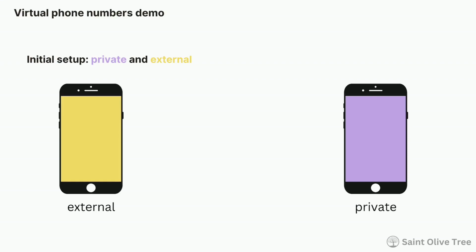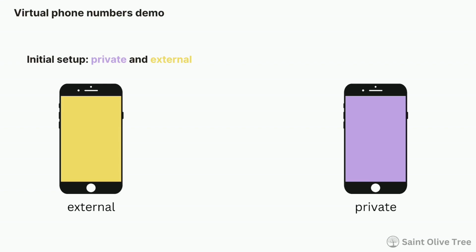Like we always do in these cases, we will begin with an overview of the steps we will take. Our initial setup is similar to the one in the emails demo. However, in this case, we will be using two different phones instead of two different email inboxes. The private phone represents your own personal phone, whose number you want to hide from the external world, and only share with people you actually want to have on the other side of the line.